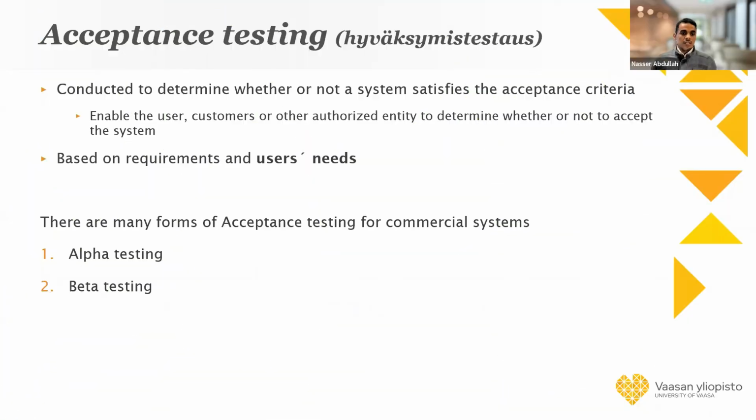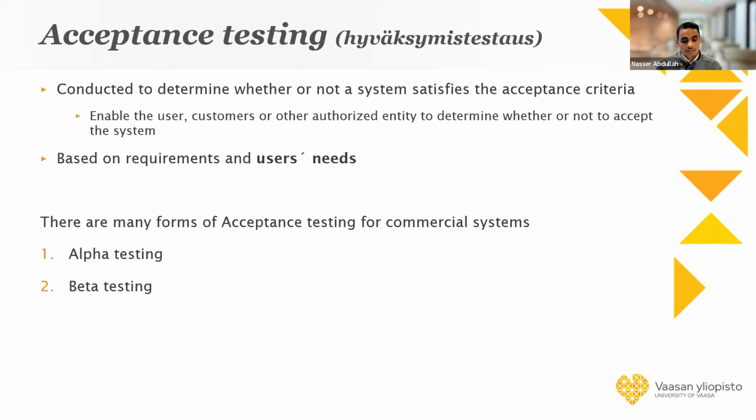So let's go to the next, which is acceptance testing. Acceptance testing is testing the whole system, and it focuses on the end users. It's just testing all the functionalities by any user.